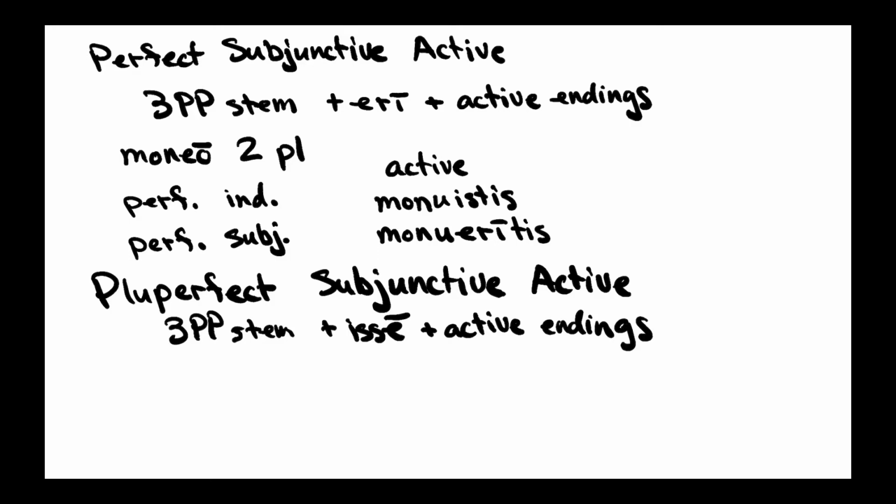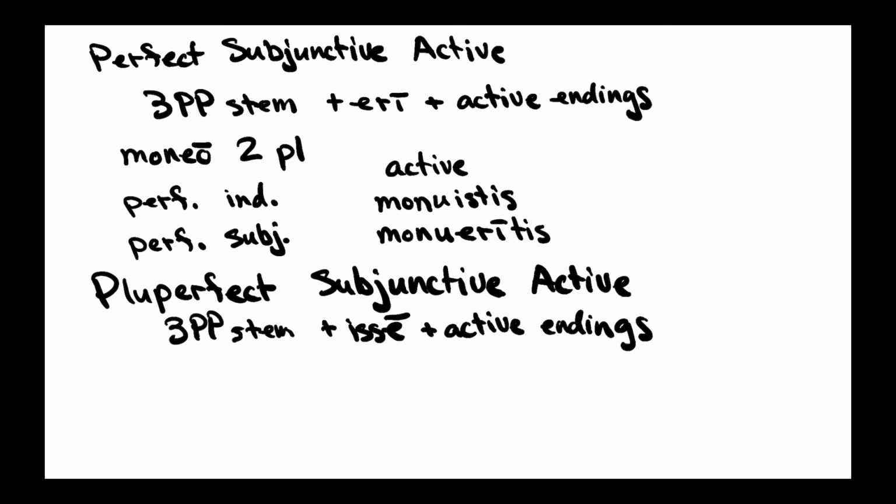Okay, so it's just as simple, but you have to remember the infix. As long as you remember the infix of the ERI for the perfect subjunctive active, and for the pluperfect subjunctive active, the ISSE, then you're good. That's all it is, just an infix.